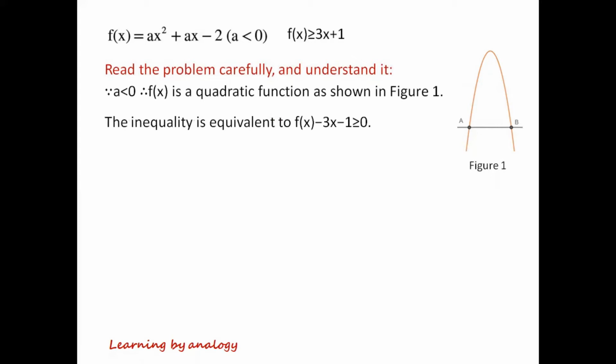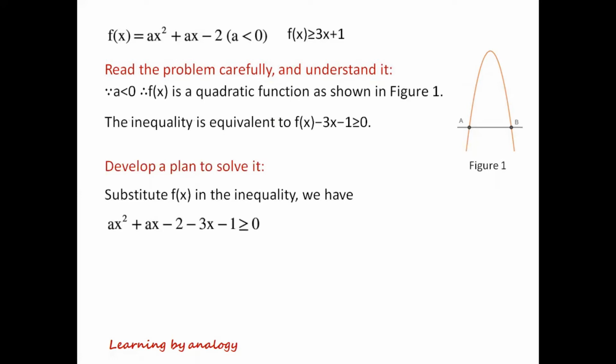The inequality is equivalent to f(x) − 3x − 1 ≥ 0. Substituting f(x) into the inequality, we have ax² + ax − 2 − 3x − 1 ≥ 0.